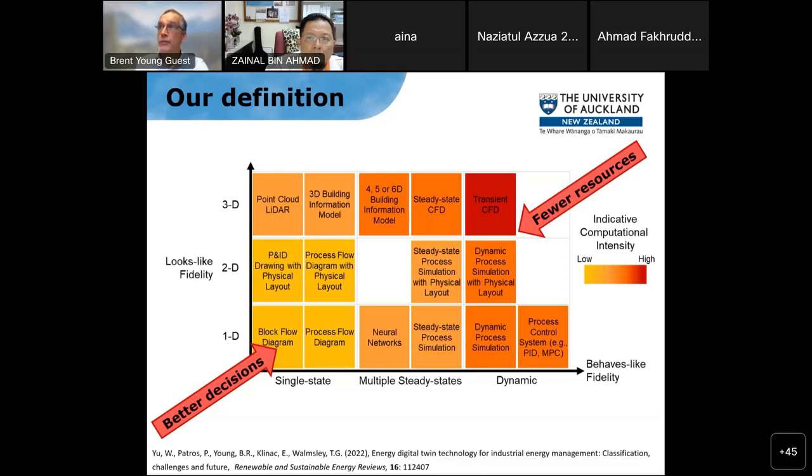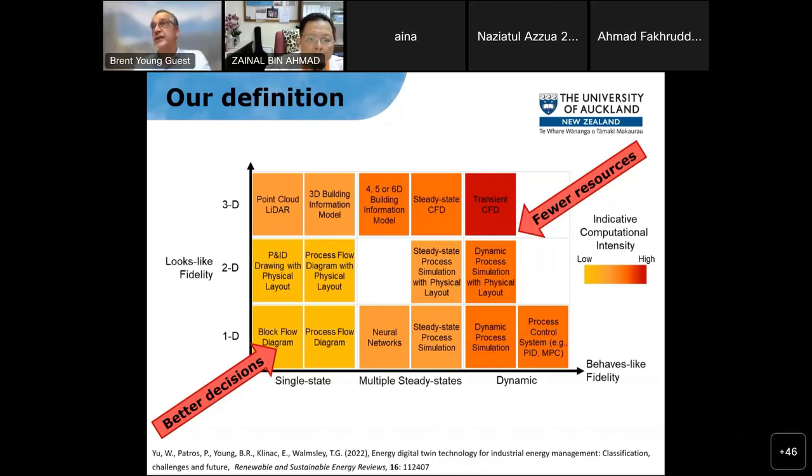However, you need to run these models. For example, a transient CFD may not be particularly practical if you're trying to solve a steady state problem on a process plant. You might need some real serious computing power, some quantum computing, for that to be feasible.